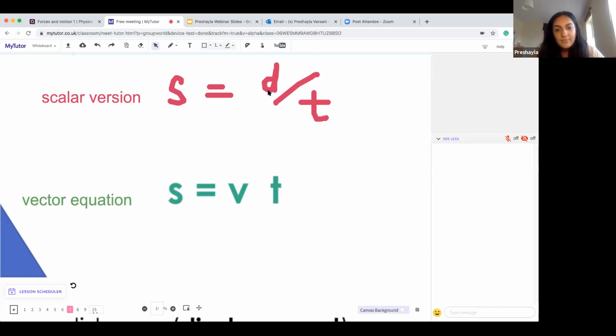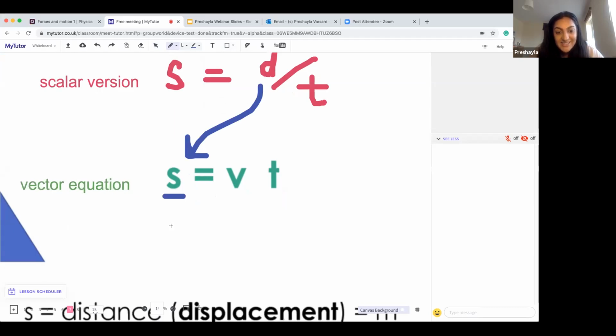D, we don't have in our vector equation. And that is because D turns into S. And bear with me, it does get complicated. So D turns into S, and that is saying that distance goes to displacement. So S is no longer speed.